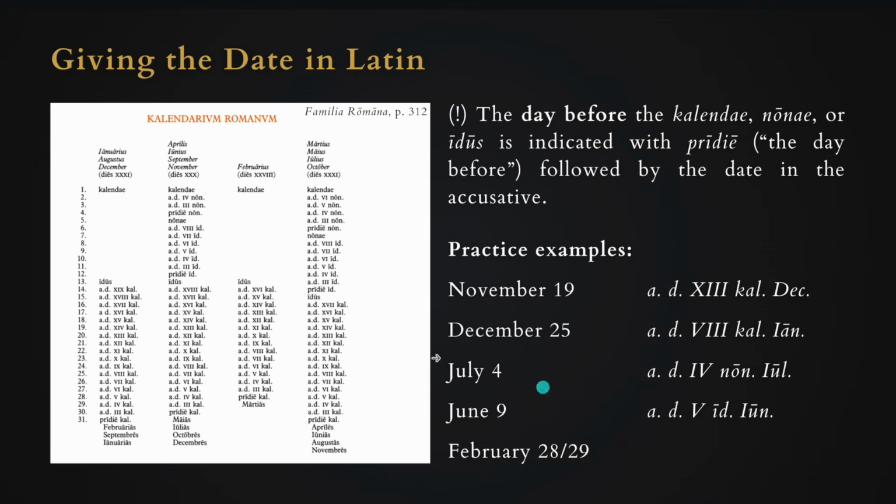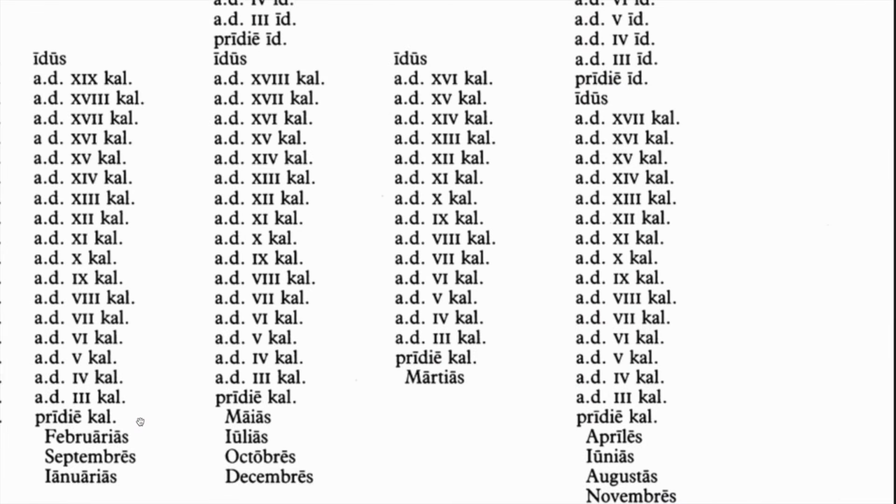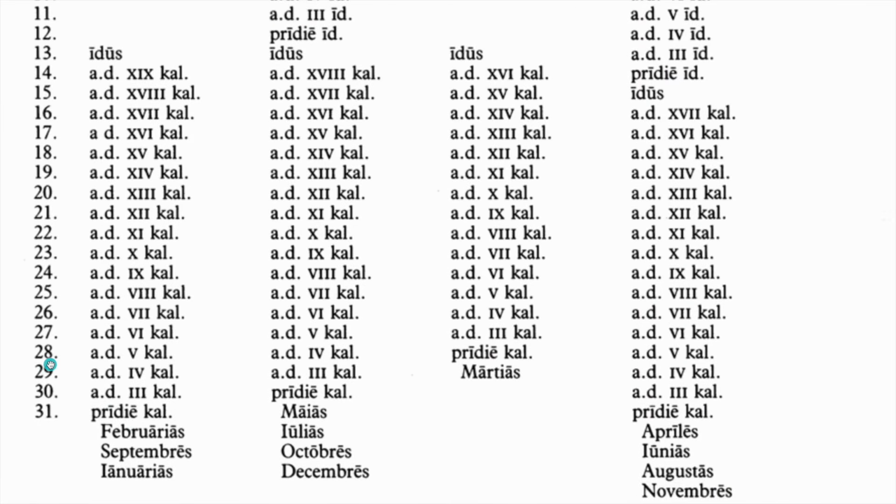And finally, February 28 or 29, you know, even at the time, the month of February could vary in length, just as now. But I chose this example on purpose because it really doesn't matter whether it's 28 or 29, because it's always going to be the day before the calendae Martiae.